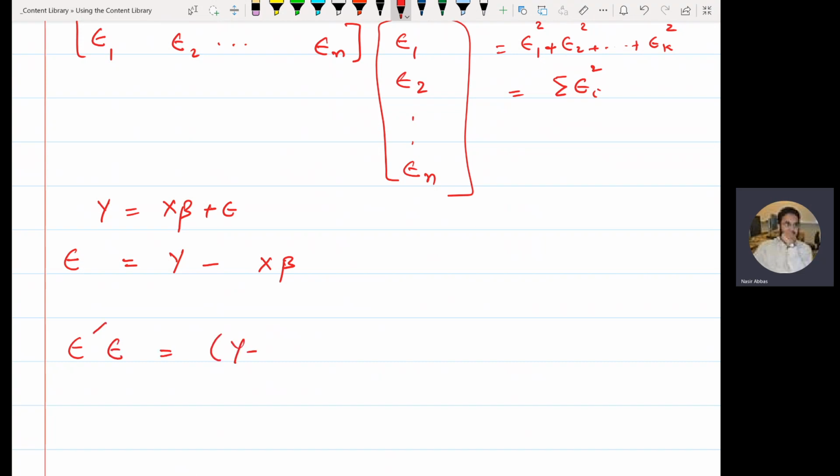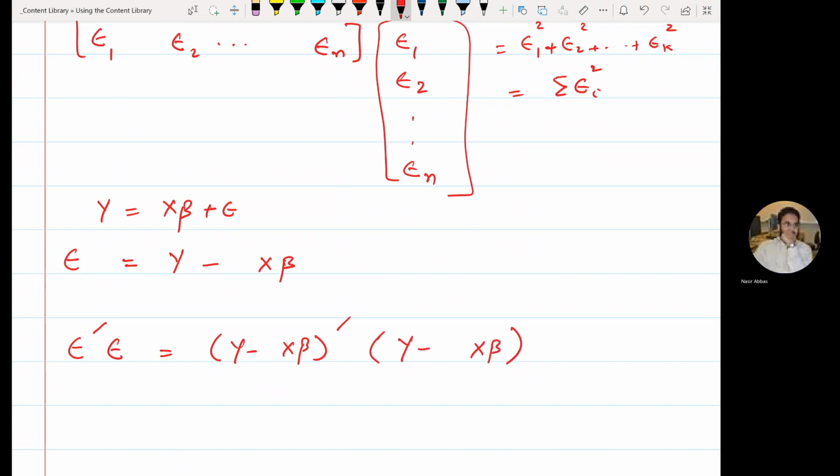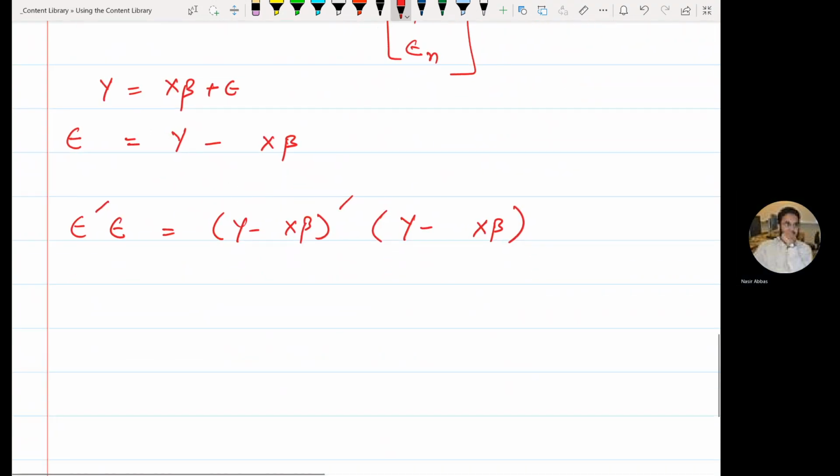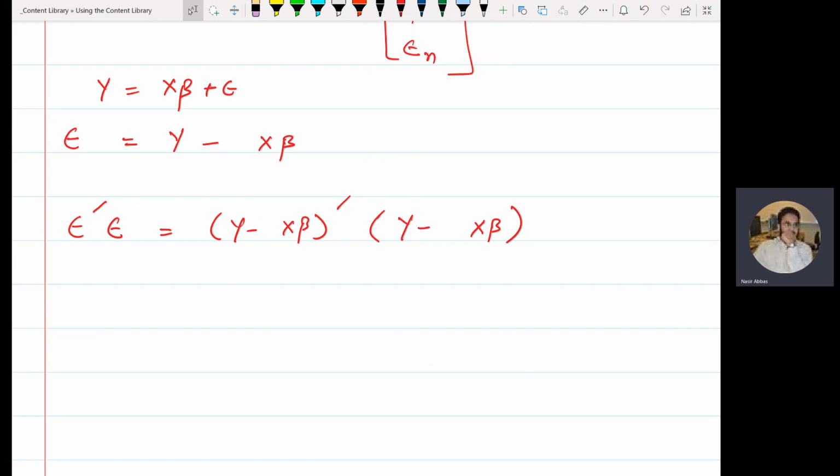I will have (y minus x beta) prime times (y minus x beta), correct? Epsilon prime multiplied by epsilon. So follow the direction. Yes, you have to be careful about the direction of multiplication. In matrices, A into B is not equal to B into A, so you need to be careful.